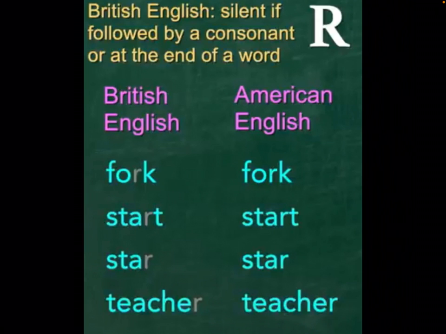Now, in American English, what I speak, we say fork, start, star, and teacher. So this rule doesn't really apply for American English, but if you're hearing a British person, you will hear that they barely ever pronounce the R. So they say folk, star, teacher. They do not pronounce the R.